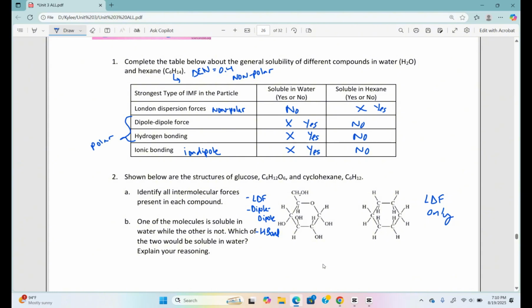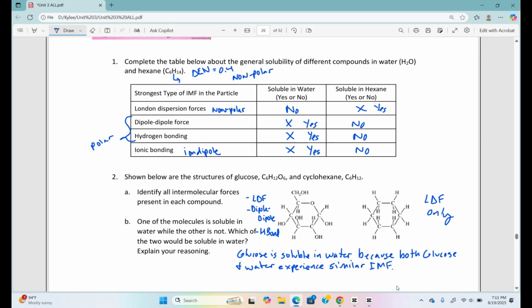One of the molecules is soluble in water and one is not. Which of the two would be soluble in water? Explain. So obviously the one that has similar polarities to water is going to be the one that is more soluble in water. So I would say glucose is soluble in water because both glucose and water experience similar IMFs.